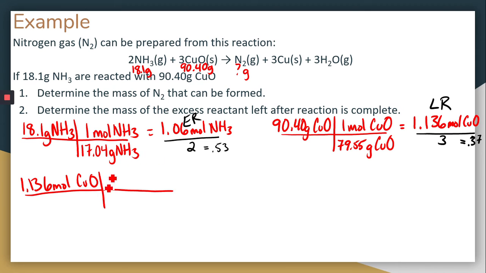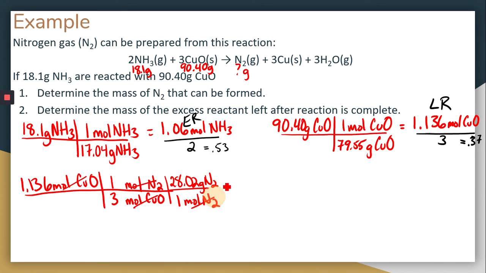You don't have to. Once you're in moles, though, you can go from moles of copper(II) oxide to moles of nitrogen. And based on our balanced reaction, the coefficient for nitrogen is 1, and the coefficient for CuO is 3. So moles would cancel. That would give me moles of nitrogen, but we want grams of nitrogen, so we're going to go one more time: 28.02 grams of nitrogen.